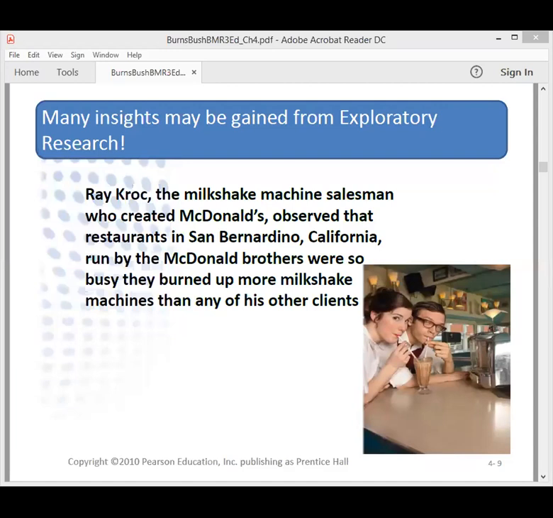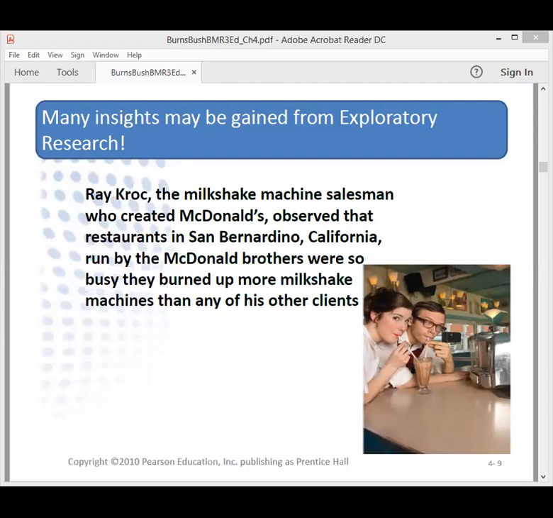So McDonald's was founded by Ray Kroc, who noticed that he was selling a lot more milkshake machines to this small franchise in California run by the McDonald brothers. And that led to, of course, one of the most successful fast food chains in history, McDonald's.